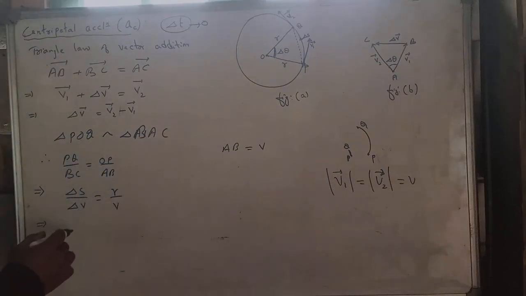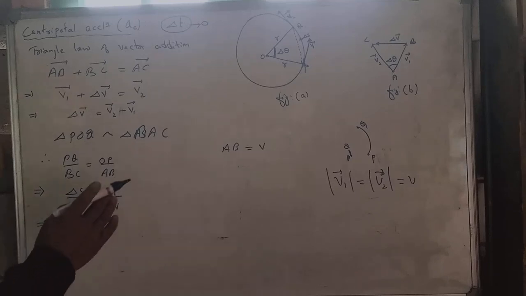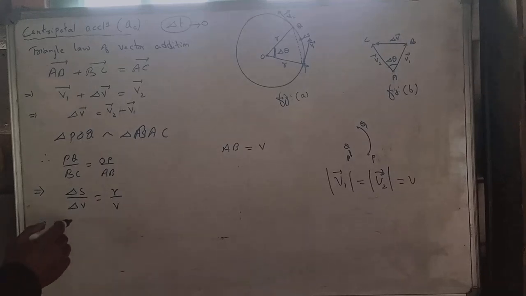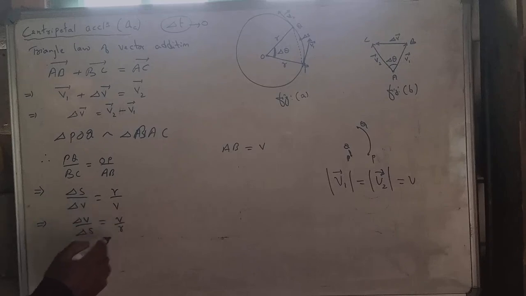Next, taking delta R here, you will get delta V upon, sorry, I made a mistake. We have to do it this way. Delta V upon delta S is equal to V upon R, right?